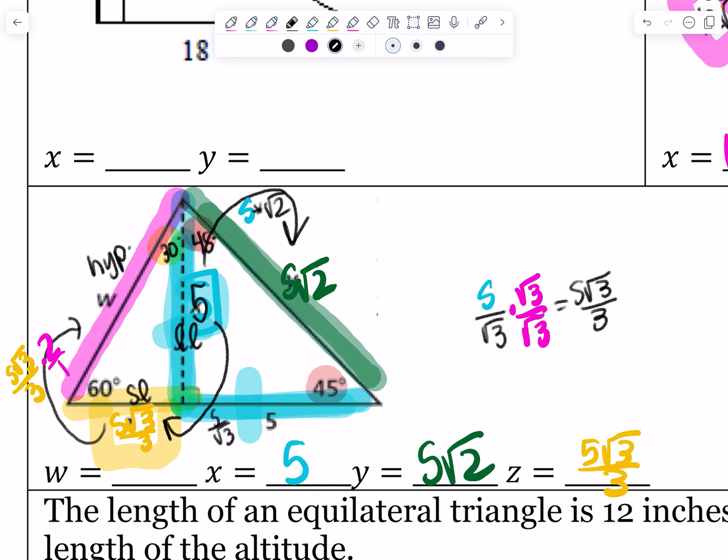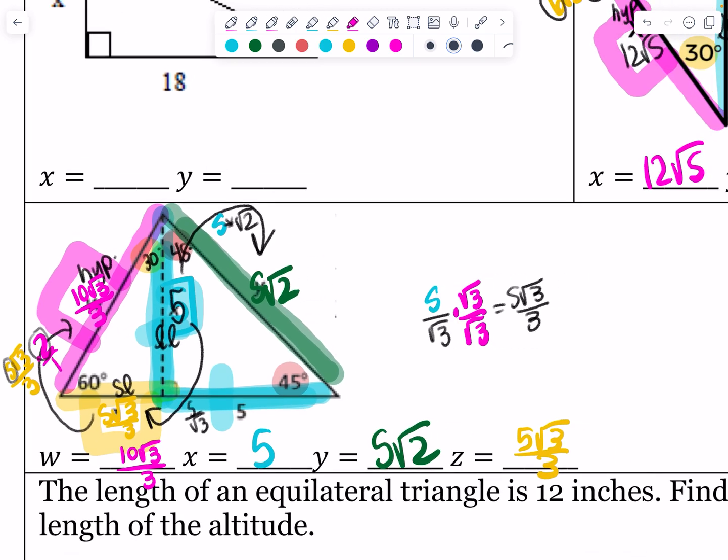There's an understood 1 under there, so we're going to multiply that out. That would be my whole numbers. 5 times 2 is going to be 10. So that is going to be 10 root 3 over 3. So my W value is 10 root 3 over 3. That's my hypotenuse, which is 5 root 3 over 3 doubled.